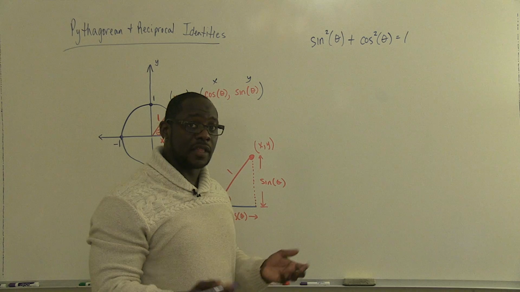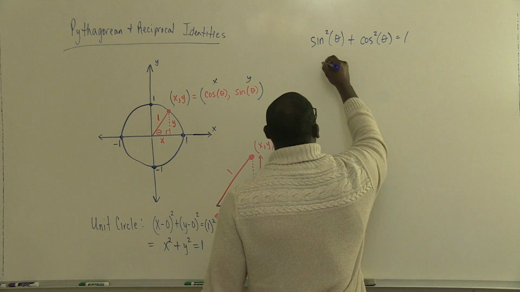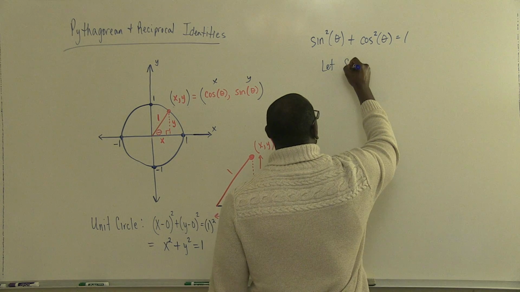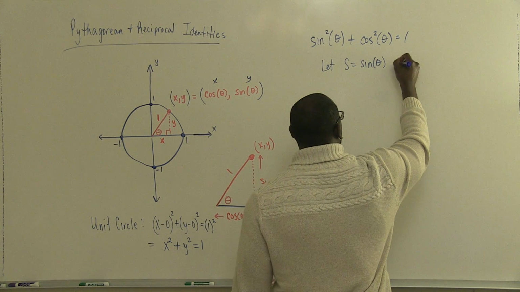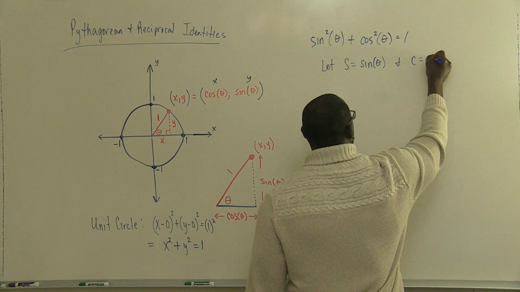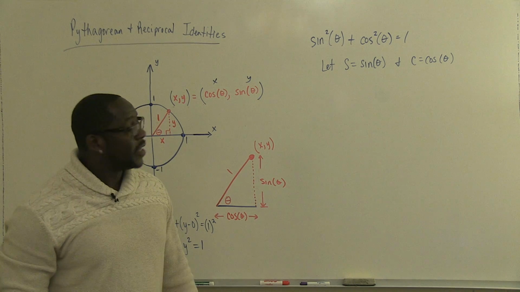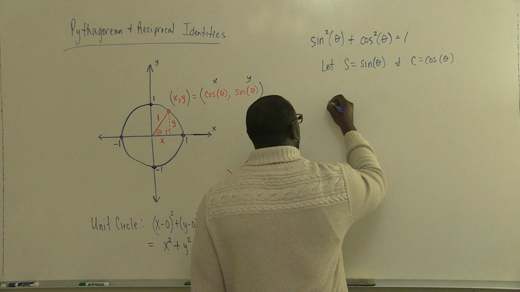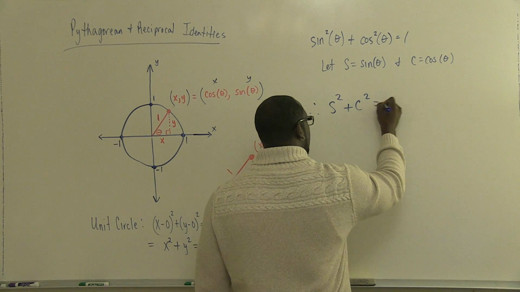And what I'm going to do to make this process a bit more simple to do, I'm going to let s equal sine theta, and I'm going to let c equal cosine theta. Now, if we look at it this way, then we have s squared plus c squared equals 1.